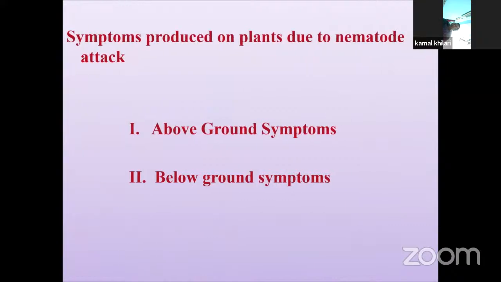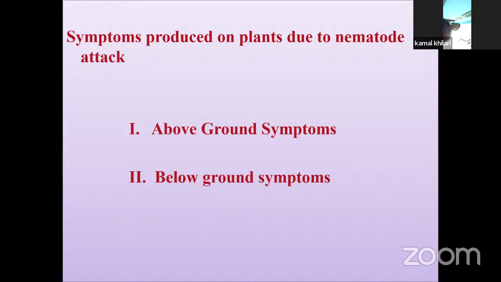Now we'll come to the symptoms: what kind of symptoms appear on the plant when nematode infestation is there. In fact, as I earlier told you, the nematodes mainly cause damage or infection on the root systems. Very few nematodes cause damage in the foliar system.